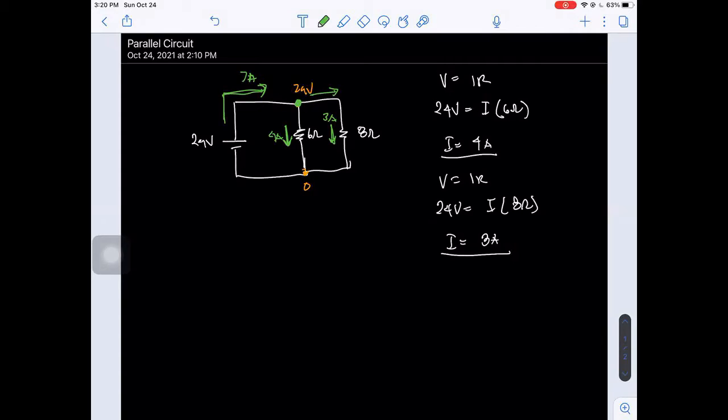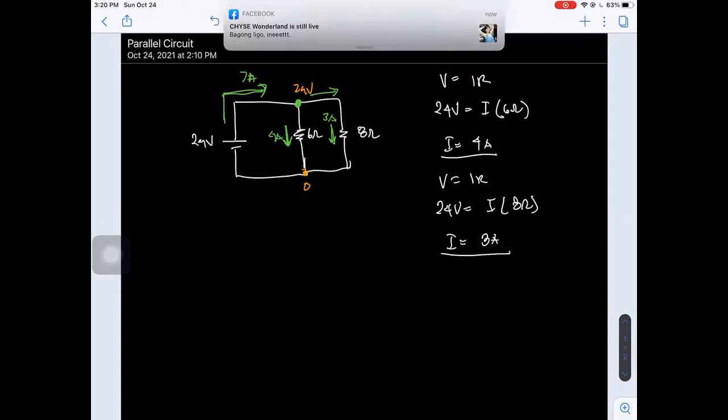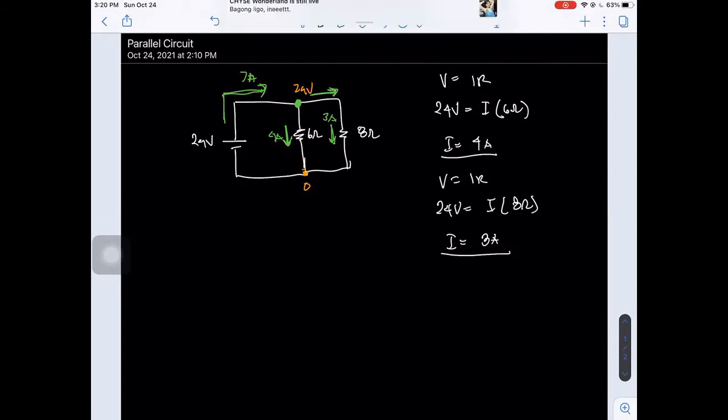The 7 ampere current will enter this branch, and the currents will go out to these branches, this 4 ampere and this 3 ampere. In the end, it will sum up to 7 ampere. So this is true according to Kirchhoff's current law, that the current entering is equal to the current leaving. In this case, we have 7 ampere.